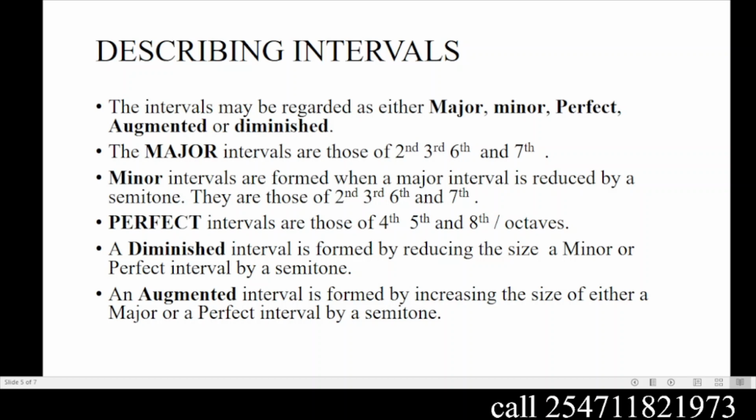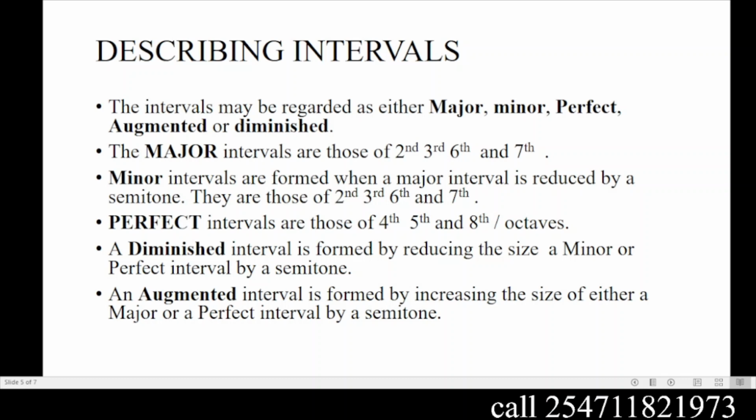Now, major intervals are those of the second, the third, the sixth, and the seventh. So when writing a scale from the tonic, the second is a major interval, the third is a major interval, the sixth is also a major interval, and the seventh is also a major interval. We'll talk about how to get them later.